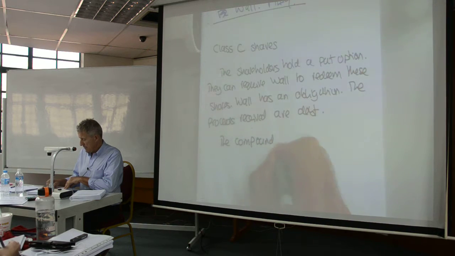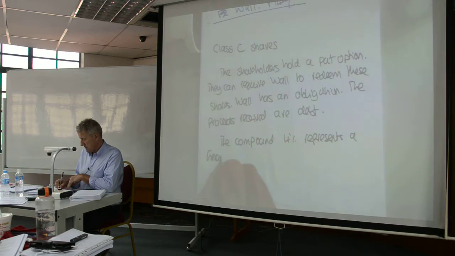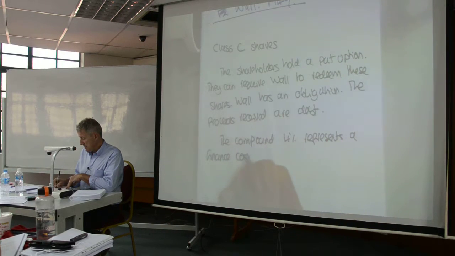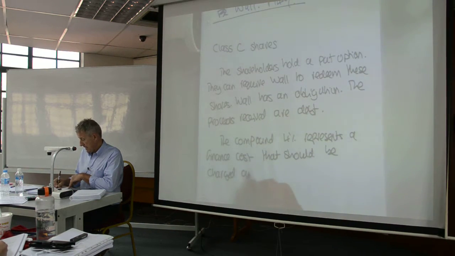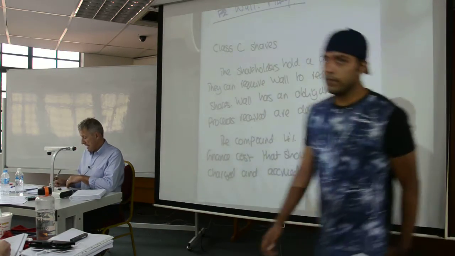The compound 4% represents a finance cost that should be charged and accrued.